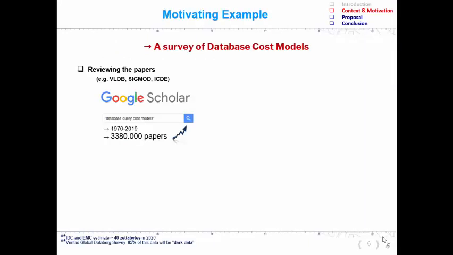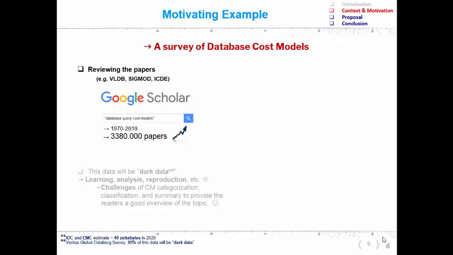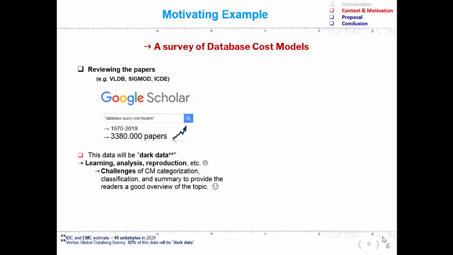In the actual process to search for cost models, researchers must use service indexes like DBLP and Google Scholar. When we browse Google Scholar using the keywords database query cost model between 1970 and 2018, we found around 33,800 results corresponding to cost models.